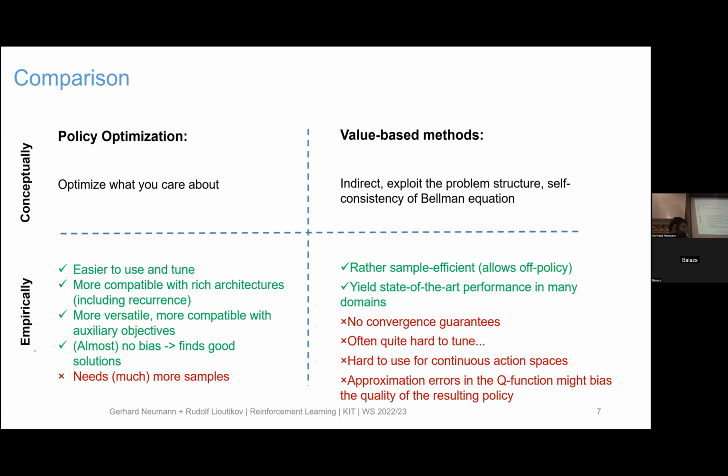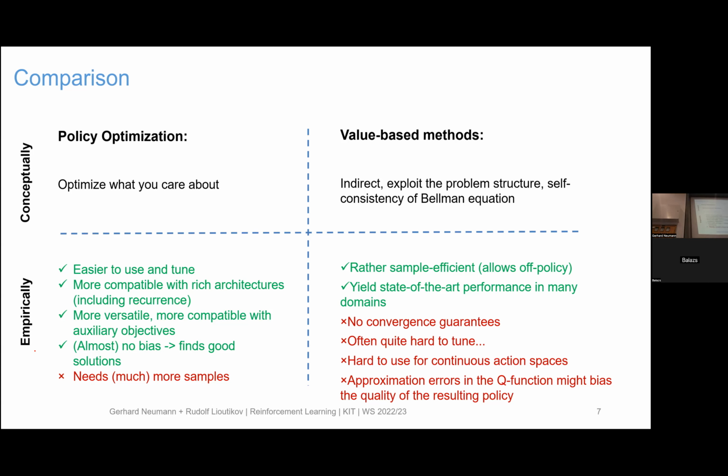Empirically, policy optimization methods are often much easier to tune. They are much faster in terms of computation time, and can learn more complex solutions because they add almost no bias to the policy optimization problem.